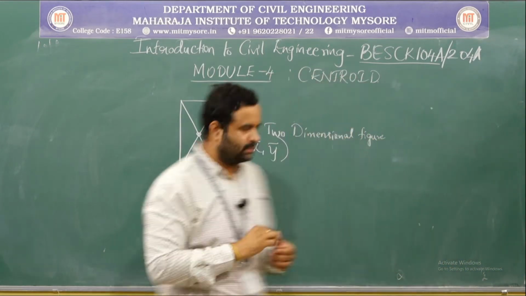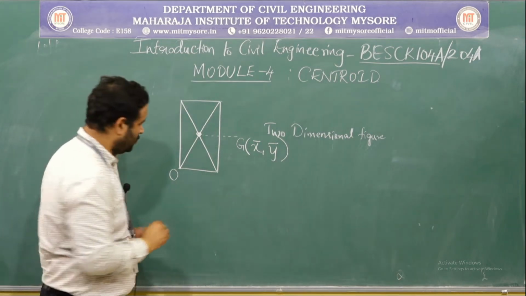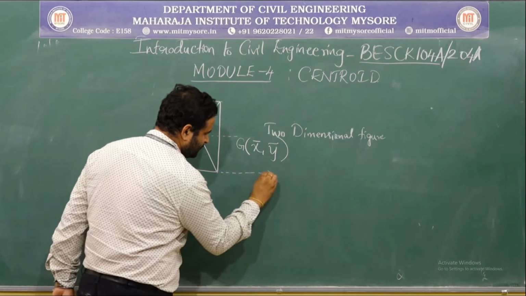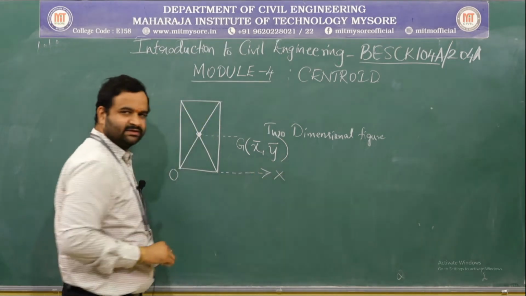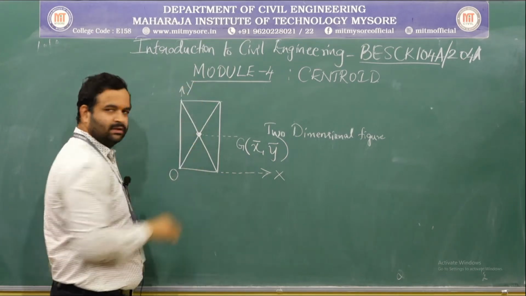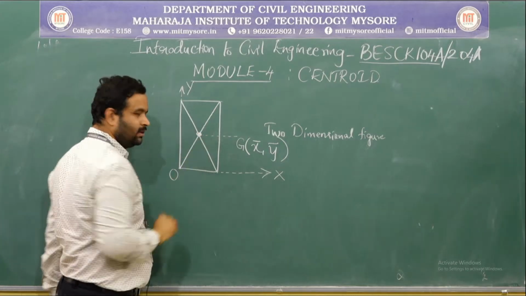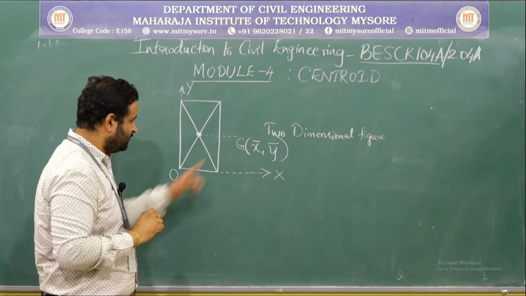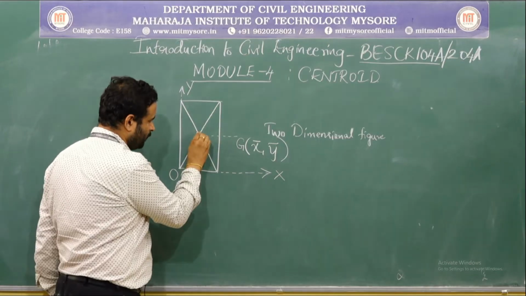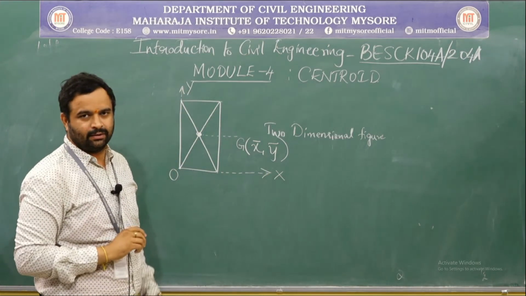Okay. So, if I take this as the origin O and this as the x axis and this as the y axis, then this G is nothing but the centroid that defines the position of this point with respect to OX and OY axis.